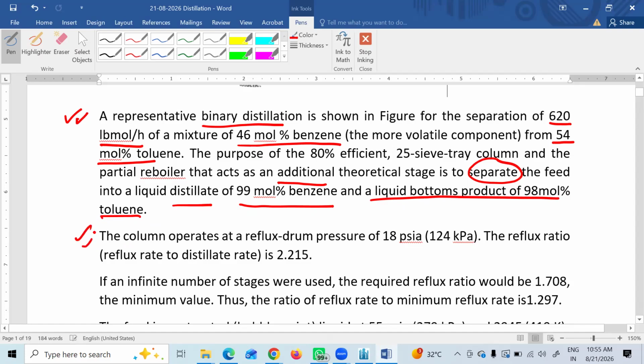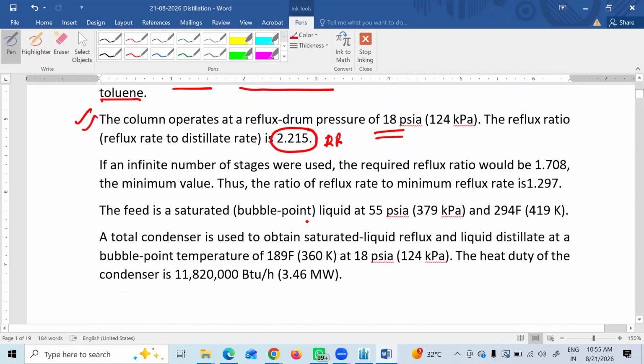The column operates at a reflux drum pressure, that is the top pressure. The reflux ratio, RR, we need to at least specify. If an infinite number of stages were used, the required reflux ratio would be R minimum.